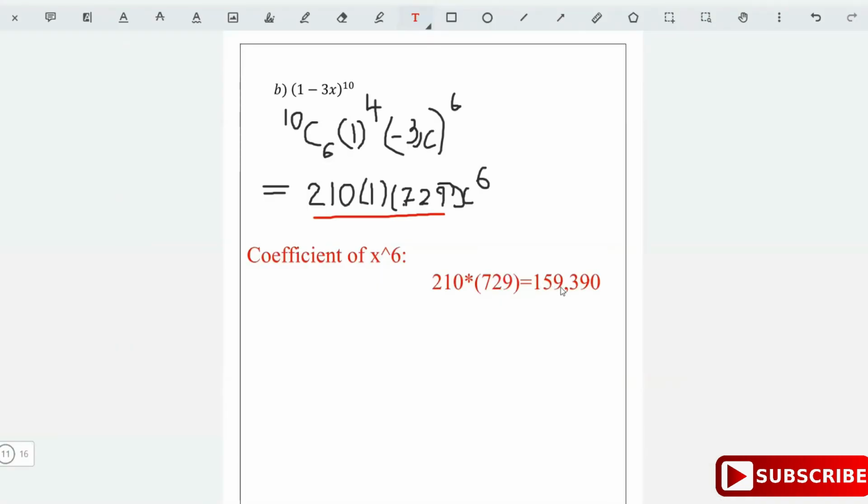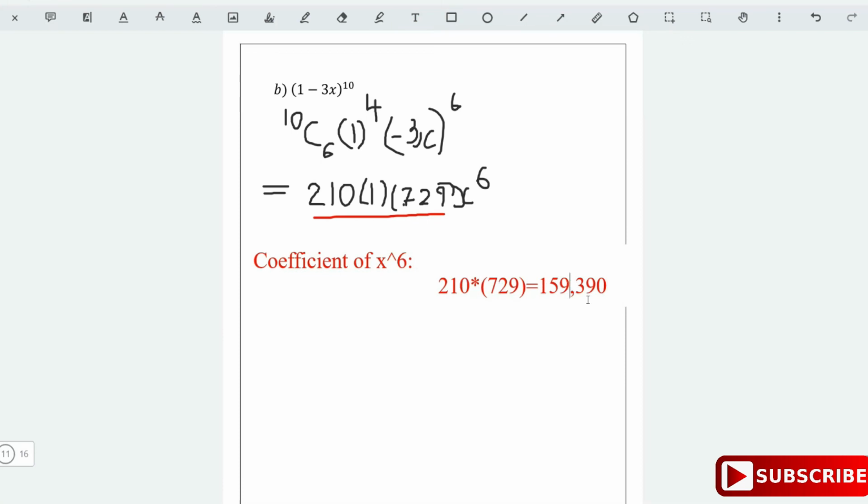Oh, I mixed up the numbers. 10 choose 6. Oh, my apologies. 210 times this. So it's good to check it back. As you can see, I had a typo here. 210 times 729 is not this.